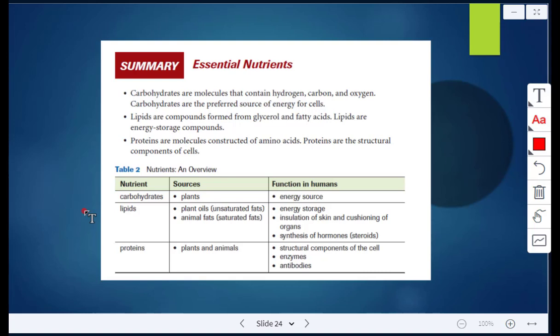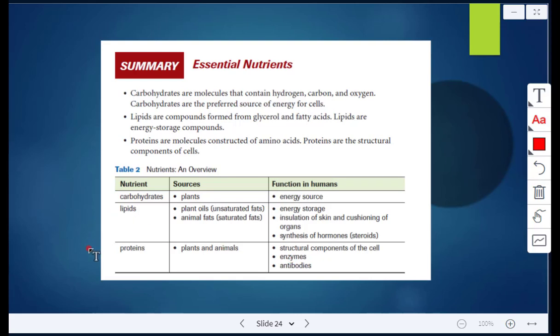They are energy storage compounds. Recall that plant oils are the unsaturated fats, easier to break down. Animal fats are saturated fats and are much harder to break down. Functions in humans included energy storage, insulation of skin, cushioning the organs, as well as synthesis of hormones and steroids.